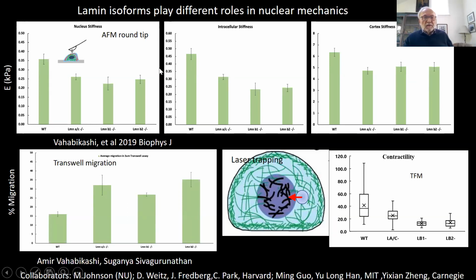We've also started to look at whether lamin, because there's a lot of interest in the lamina and nuclear mechanics, so we've started to look at specific lamin isoforms and nuclear mechanics.